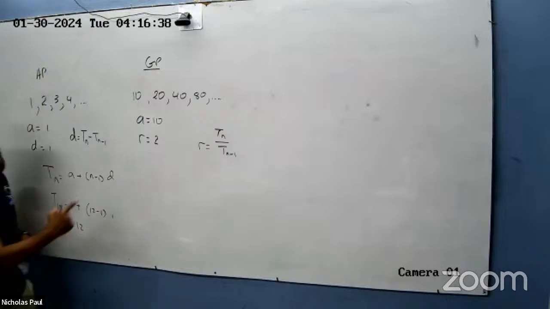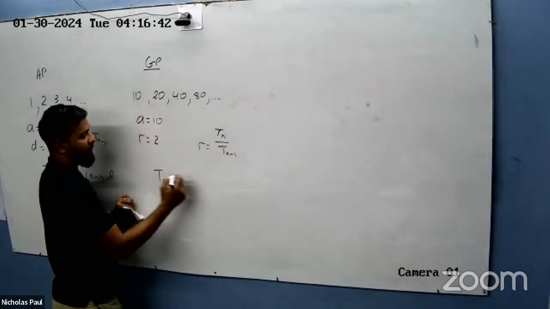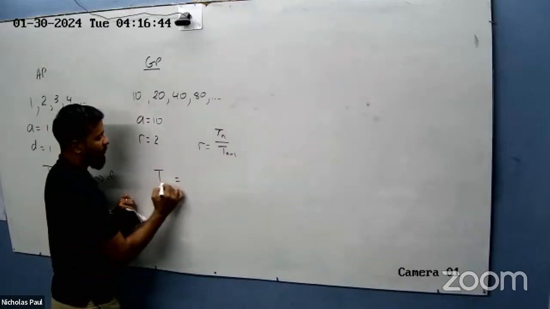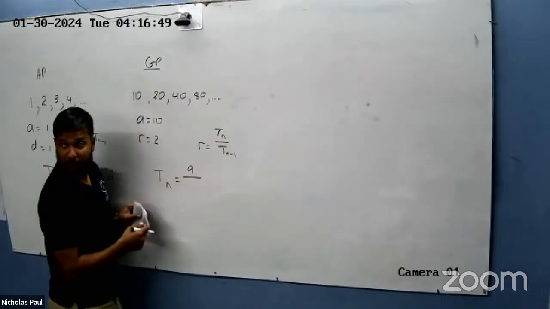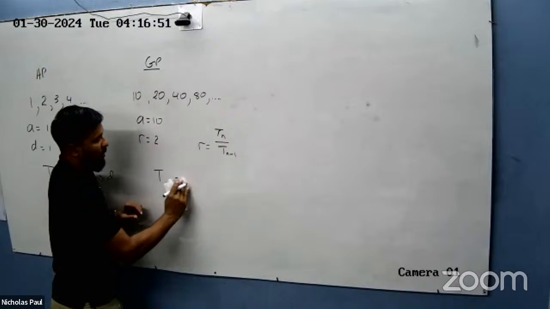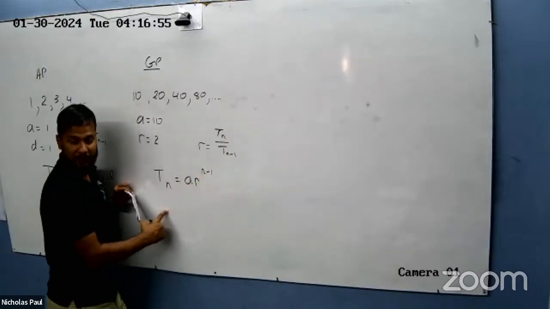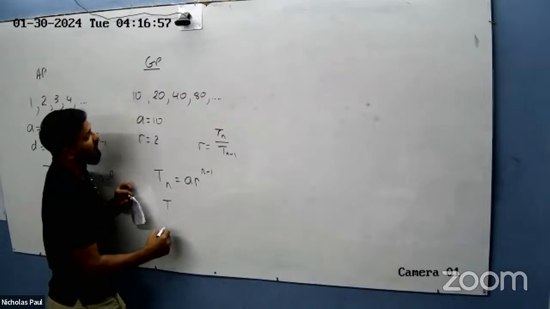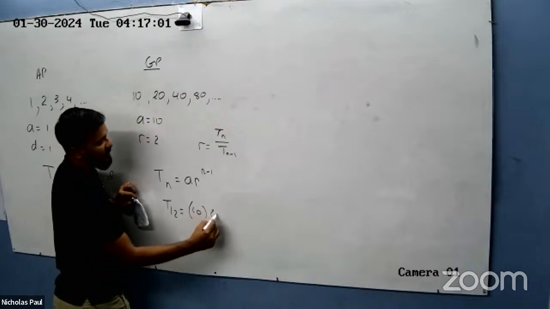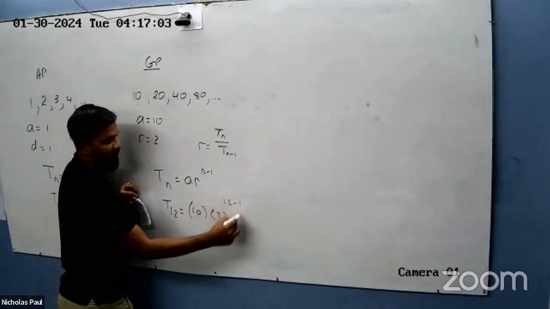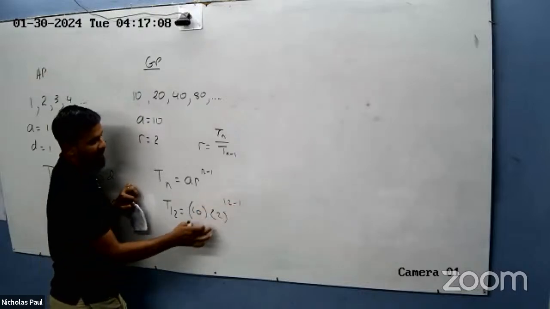Okay? Let's try and find the 12th term here as well. Same idea, so we're using the formula. If it's a GP, now we're using T_n = a times r to the n minus 1. So for the 12th term, that'll be a, which is 10, r, which is 2, and n is 12 minus 1. Okay with that? So that's 2 to the 11 multiplied by 10.